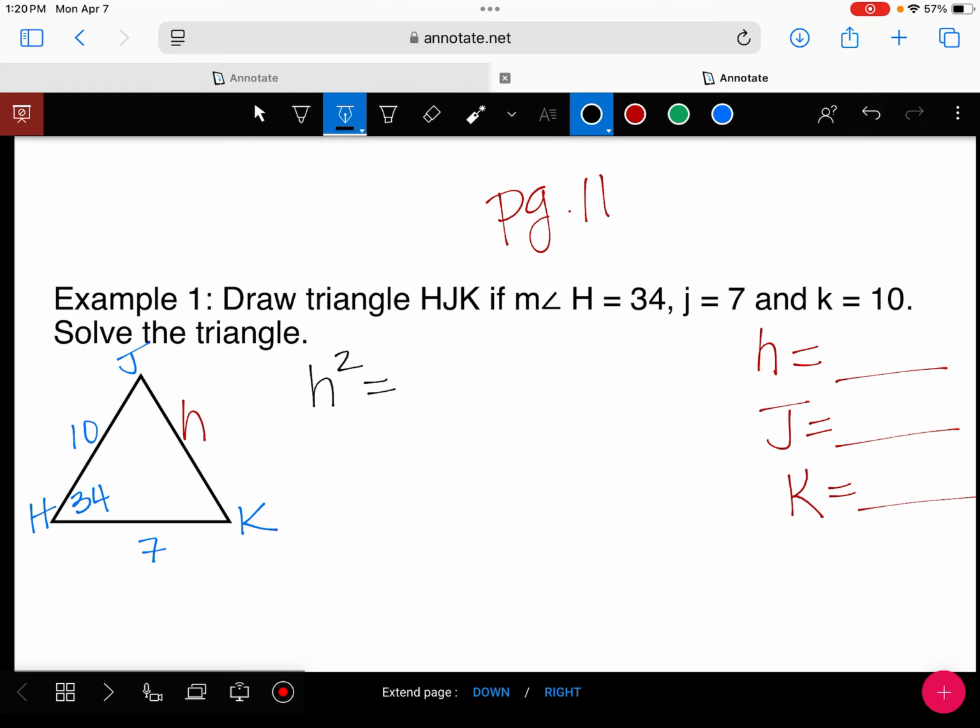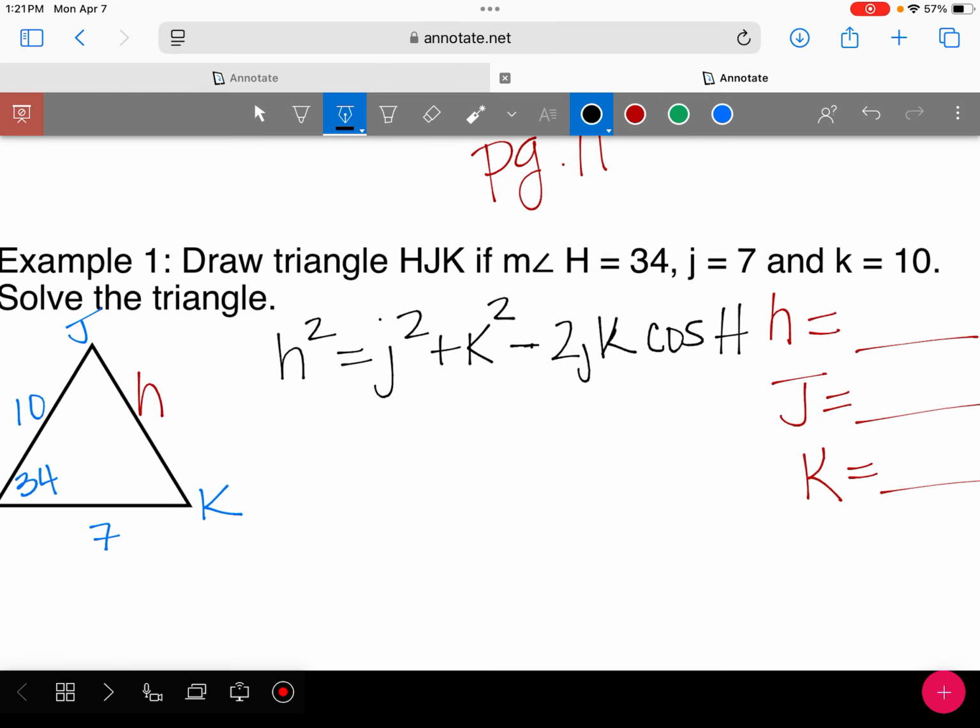And that equals, what are the other 2 sides? What 2 letters did we use? J and K. So J squared plus K squared minus 2JK. And then we end with the cosine of H. So that's how we would set up our formula.